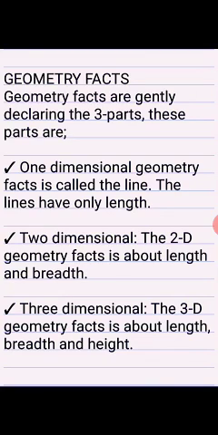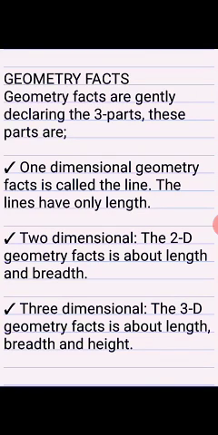The one-dimensional geometric fact is called the line. Lines have only length. The one-dimensional geometric fact has to do with length. The two-dimensional has to do with length and breadth. Then the three-dimensional has to do with length, breadth, and height.